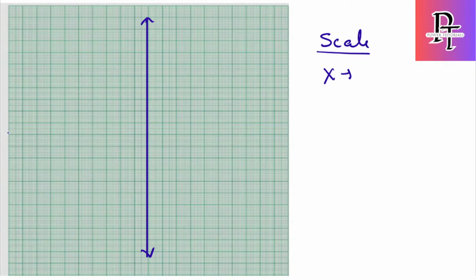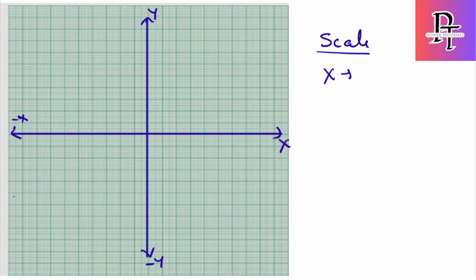I'm using this horizontal line as the x-axis. This is x and this is y. This is minus x and the bottom is minus y.